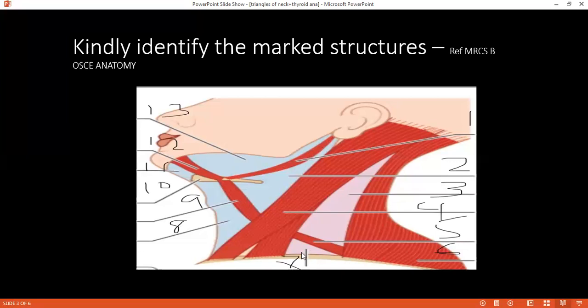The contents of the posterior triangle include the omohyoid muscle, the nerves, the accessory spinal nerve and the branches of the cervical plexus, lymph nodes, and blood vessels. The blood vessels are the transverse cervical and suprascapular arteries.